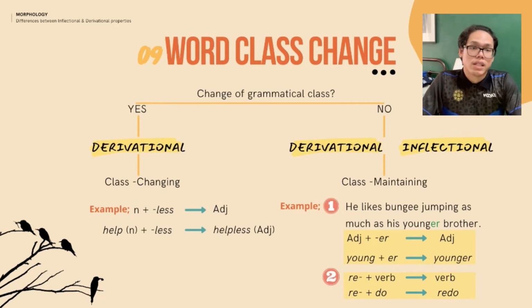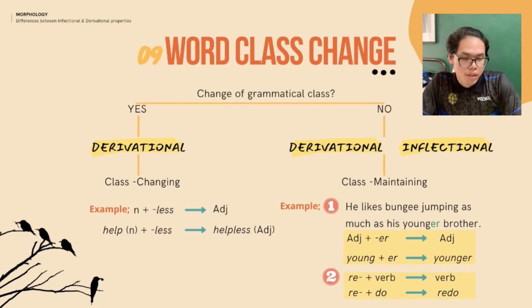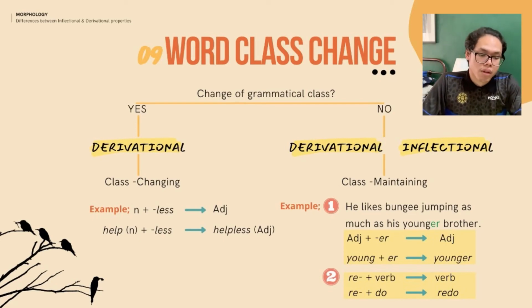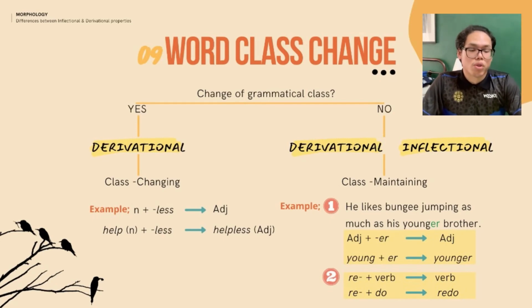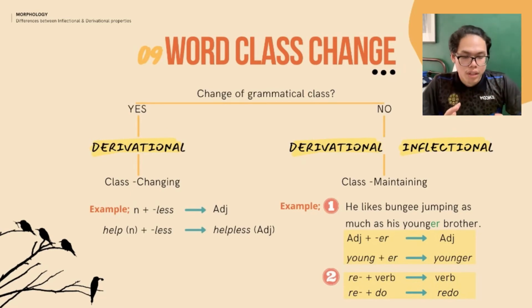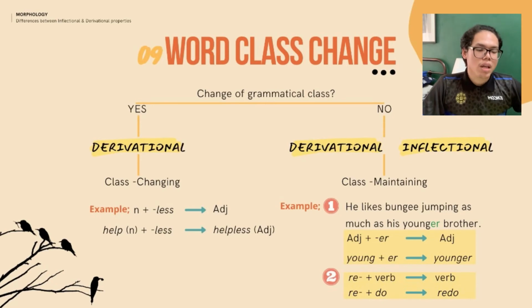If it doesn't change, it can be derivational or inflectional, and we call it class maintaining. To make it simple, derivational can be class changing and also class maintaining, and inflectional is usually class maintaining, so there is no change of grammatical class.